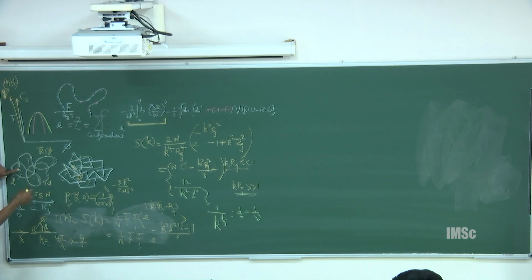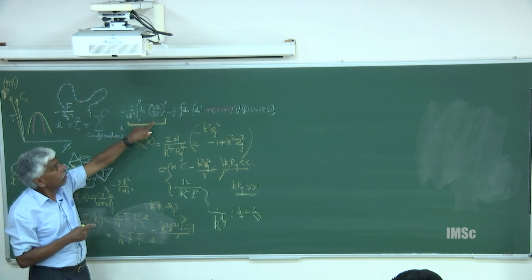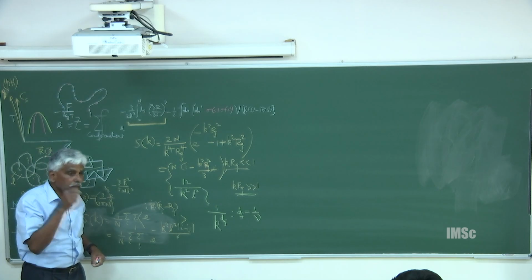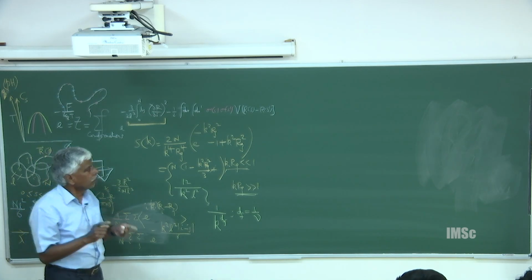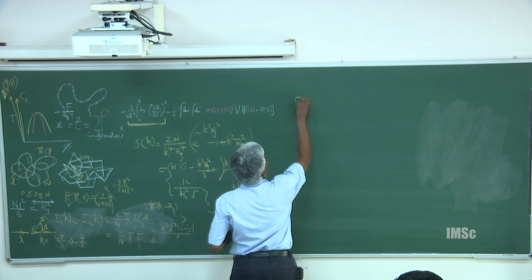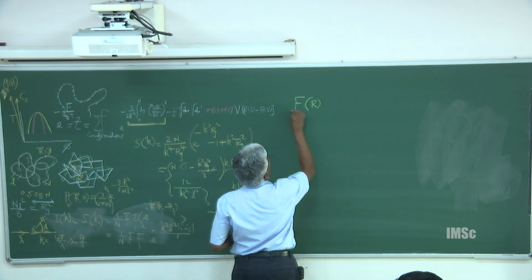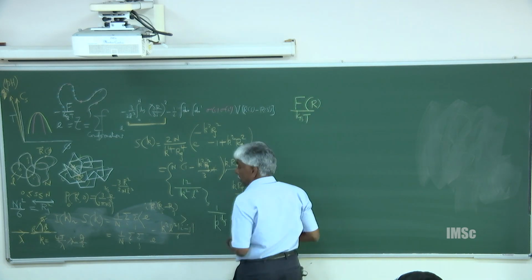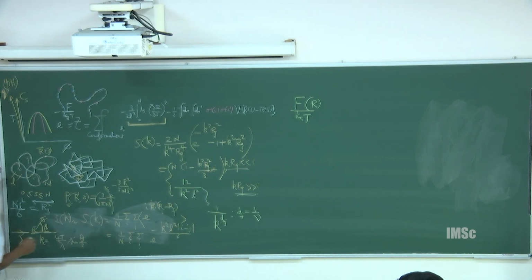And to answer it, I already know this, because I go to this term, the free energy of a single chain with the end-to-end distance r, divided by kBT. I'm taking a chain with one end here, the other end here. This is my r, capital R, the end-to-end distance, and there are n monomers. What is the force that is holding it together?